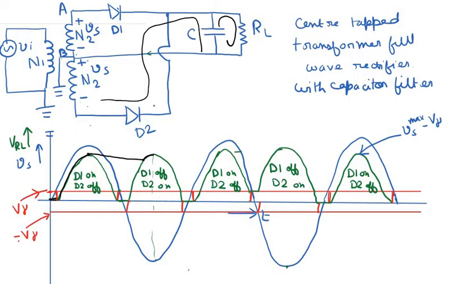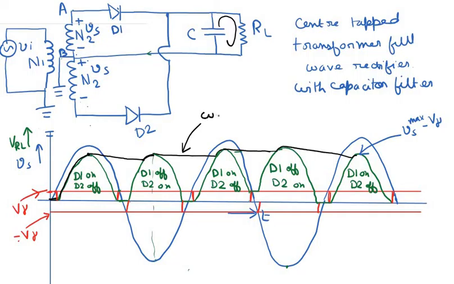It charges up and then again discharges itself, and then again here it charges up a little bit and discharges itself just like before, and this process basically continues. So this is the waveform. This black one is the waveform with an added capacitor filter.